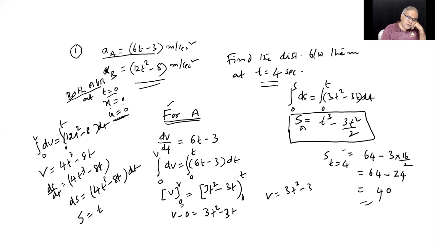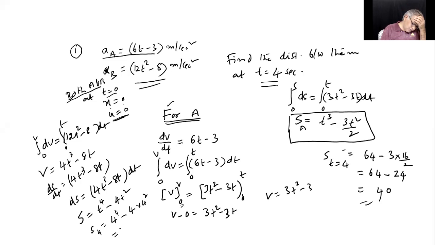t to the power 4 minus t squared by 2, 4t squared. I substitute limits automatically. So now S at 4 for this will be what? 4 to the power 4 minus 4 into 4 squared. How much is this? 128?